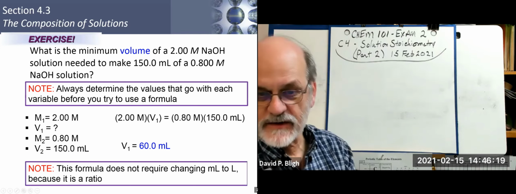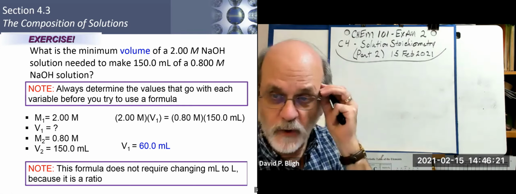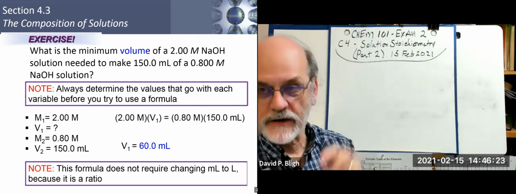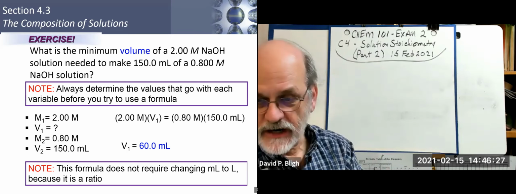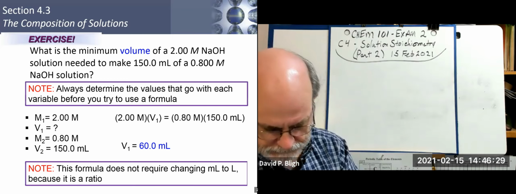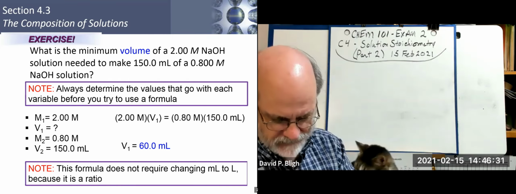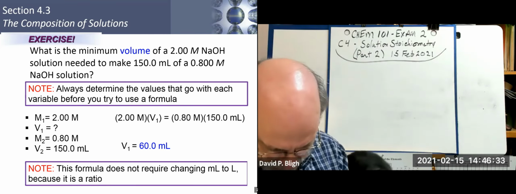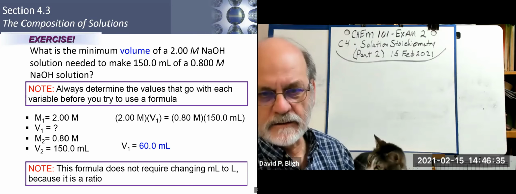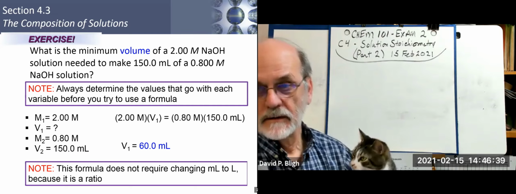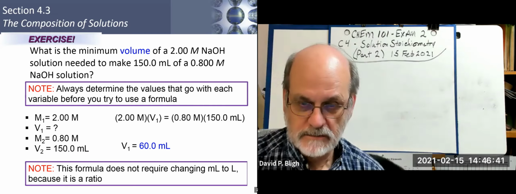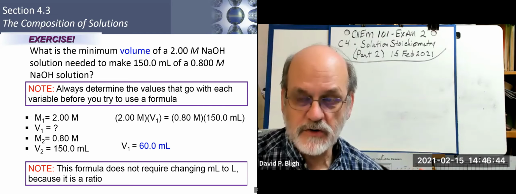That just emphasizes the point. In this type of formula, where you have a ratio of concentrations that will cancel one another out, you don't have to change the volume. Now, there's one measurement where that never works, and that's temperature.